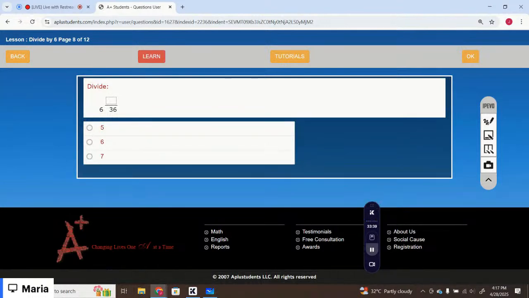36 divided by 6. 6 times what number is 36?